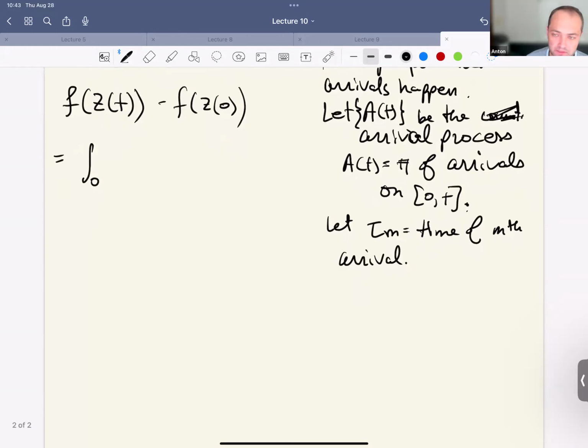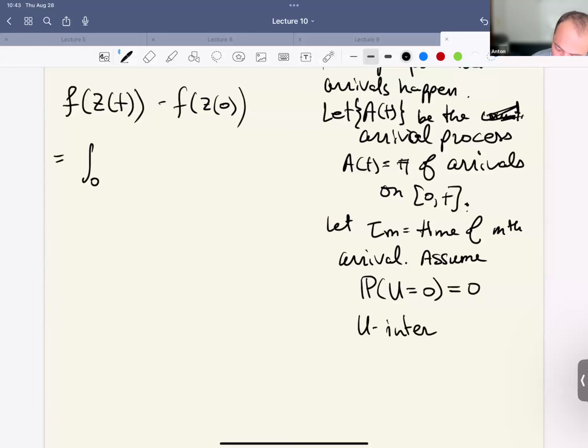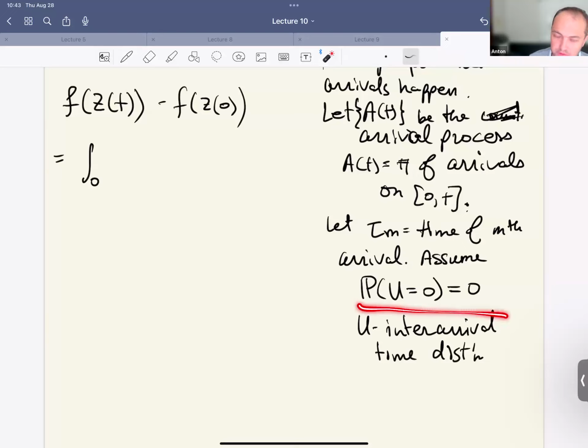Also, I'm going to make this assumption for simplicity. U was my inter-arrival time distribution. I'm going to assume that we do not have any batch arrivals, that there can be at most one arrival at a time with probability 1.